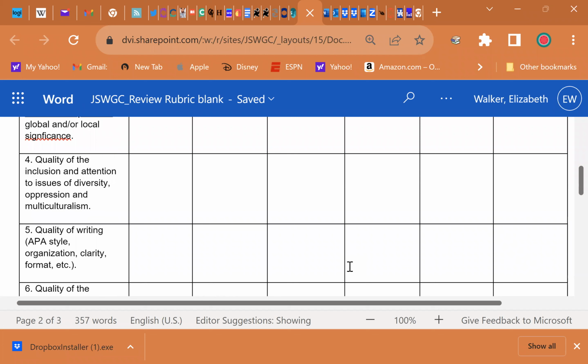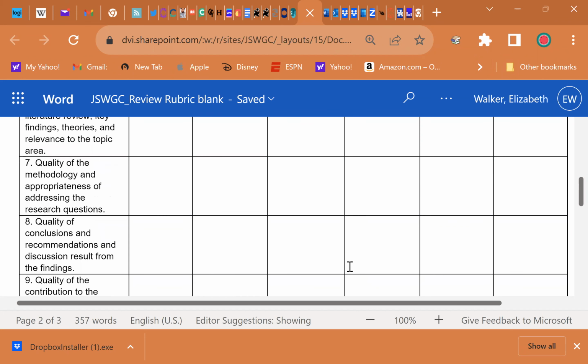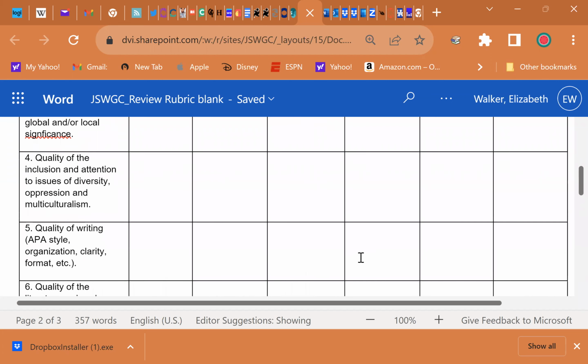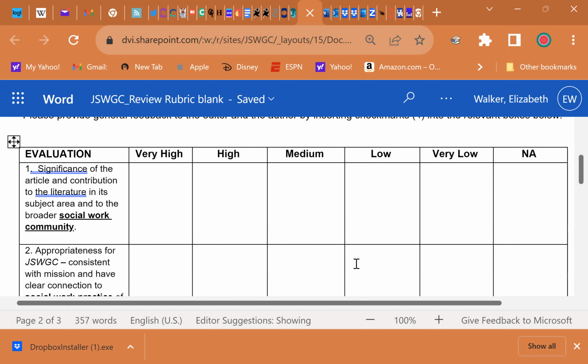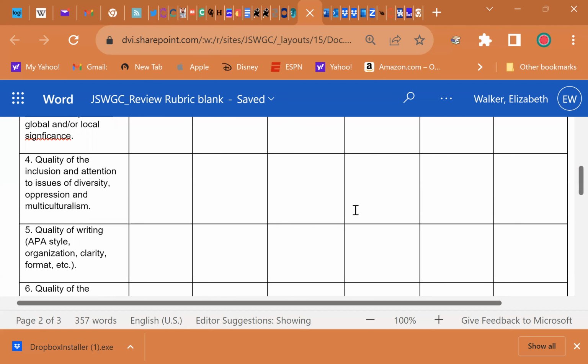As I scroll down, you'll see that it is not a big, huge rubric. Those are the areas that are required for you to put a check mark somewhere. Significance, appropriateness for our journal, so something around social work. Then the quality of inclusion and attention to diversity, oppression, all the good social work stuff.